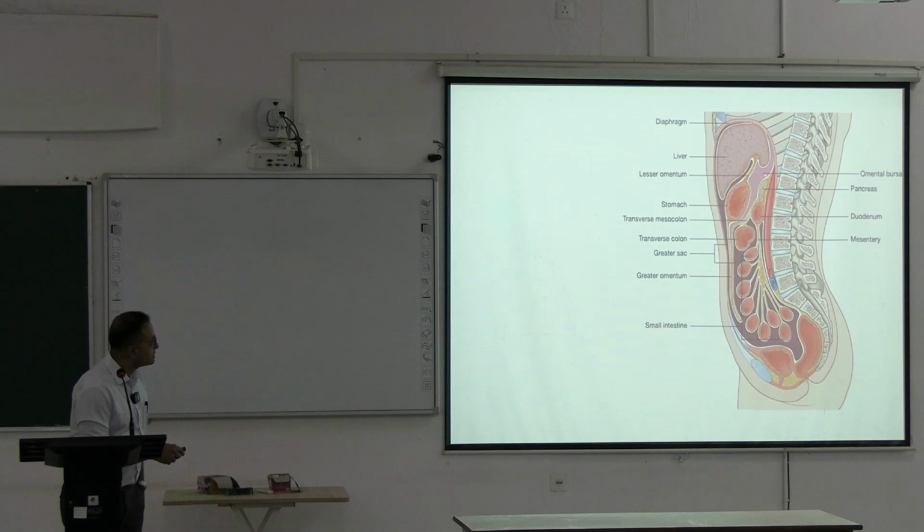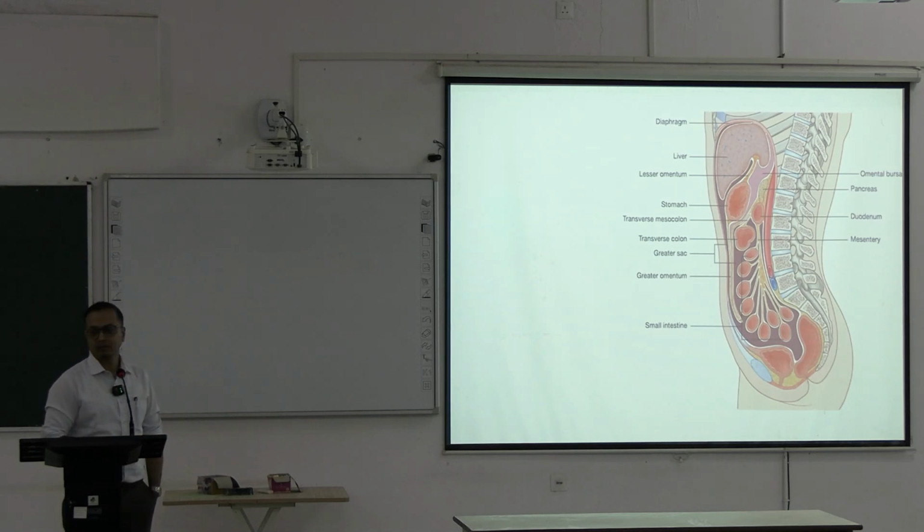A small fraction over here behind the stomach and under the liver, we call the lesser sac, also known as omental bursa. So, we broadly divide this peritoneal cavity into two entities, greater sac and lesser sac. Lesser sac is also known as omental bursa.